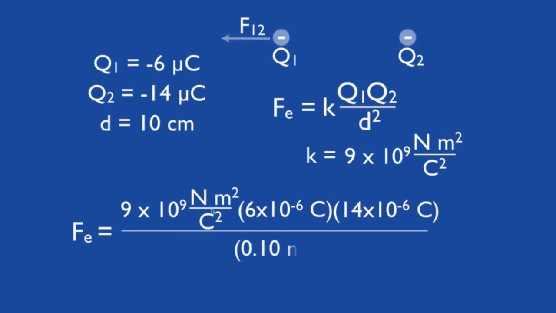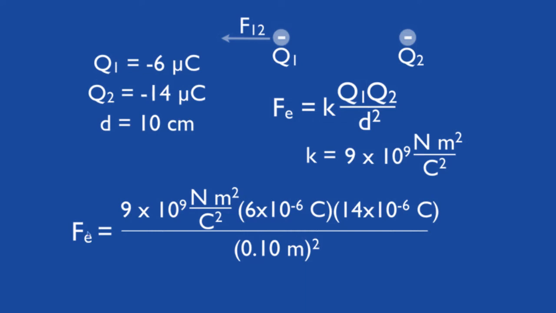Now the other thing is the distance is squared, but this is in centimeters. The distance has to be in meters, so 10 centimeters is 0.1 meter, squared.